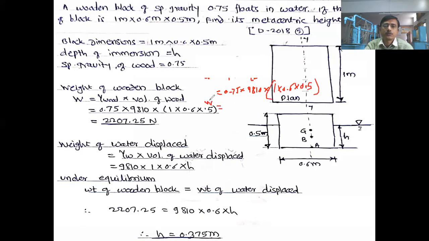You will get the weight of the block. How much has it come? 0.75 into 9810 into 0.6 into 0.5 is equal to 22,000.5 Newton. Is it the same you are getting? Have you got the same answer?